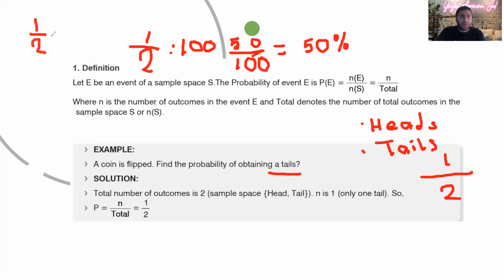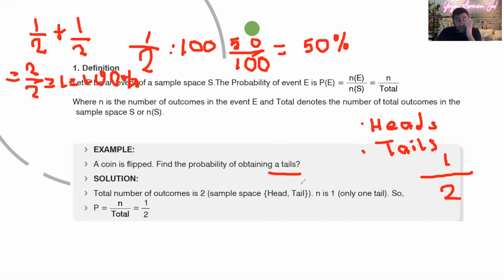I'm going to tell you how we're getting that. Probability of heads is also 1/2. 1/2 plus 1/2 is what, guys? That is going to be 2/2, and that is going to be 1, and that is basically 100%. So when we add the total number of outcomes together, it's basically going to be 100%. So that's how we get it.